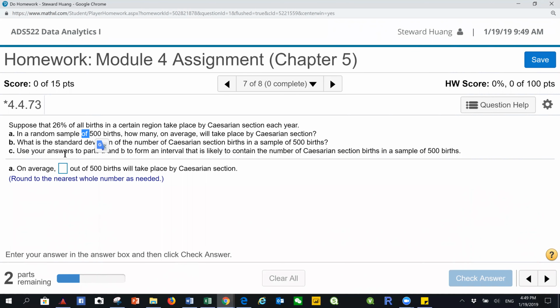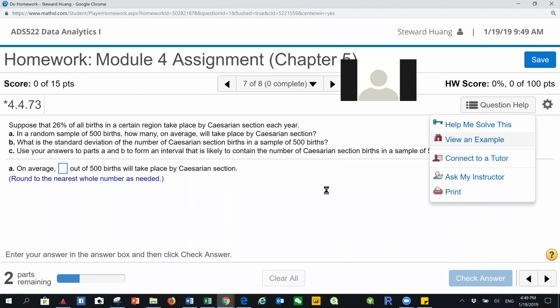Okay, and part C: form an interval that's likely to contain the number of C-section births in the sample of 500. Use the answers to part A and B. What does that?